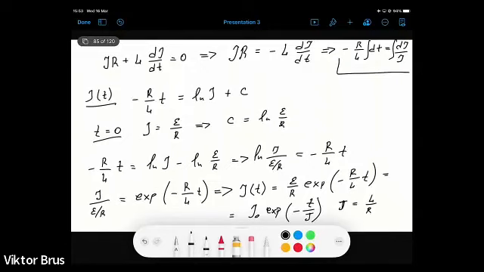If, for instance, L is equal to 0, if we don't have any inductance in our circuit, or it's negligibly small, then this current should go to 0 immediately.